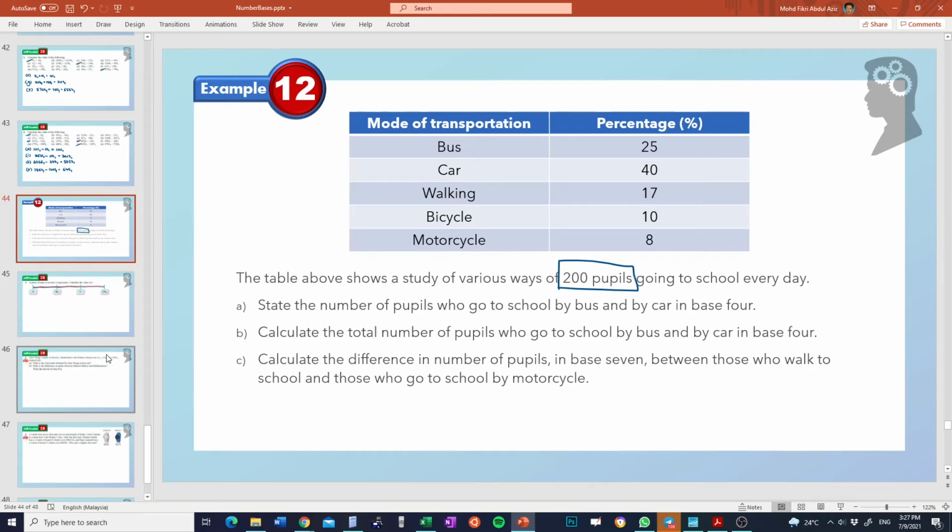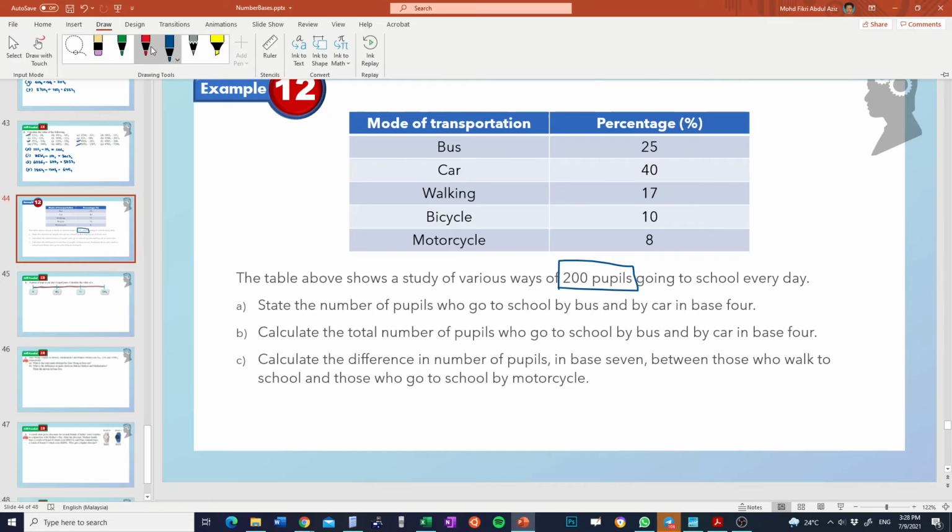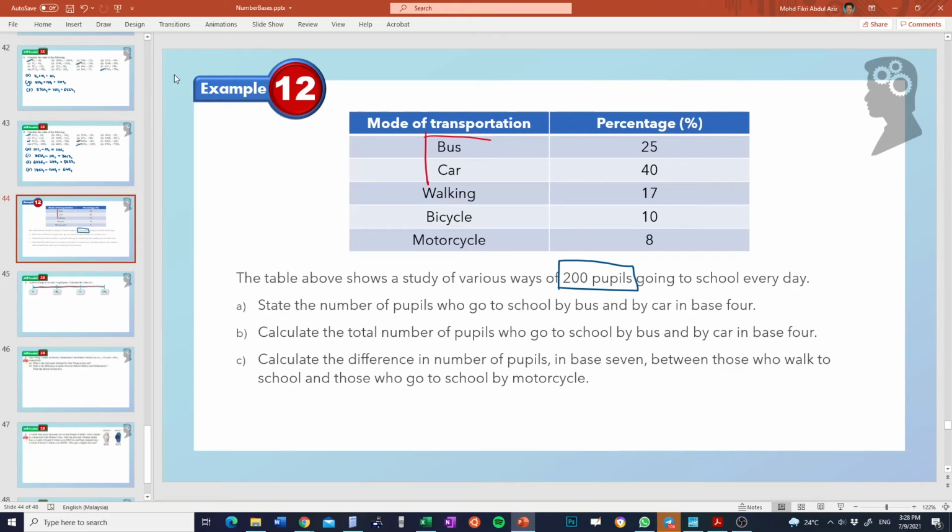By bus and by car. The question is asking us to state the number of pupils. Okay, good. So let's solve A first, yeah. So pupils going by bus is 25, or by car is 40.